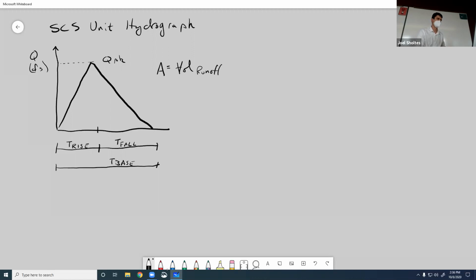If we have cubic feet per second and we integrate that over time, then we'll get a volume, right? Because we're multiplying each of these y values, which is volume per time, by time. So we get volume, which is also equal to base times height over 2.